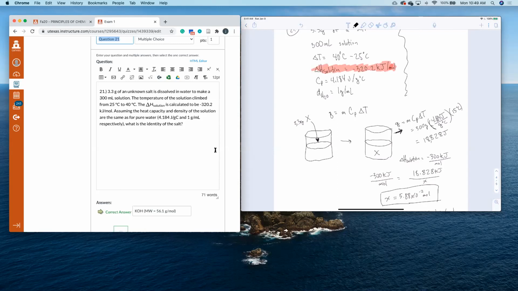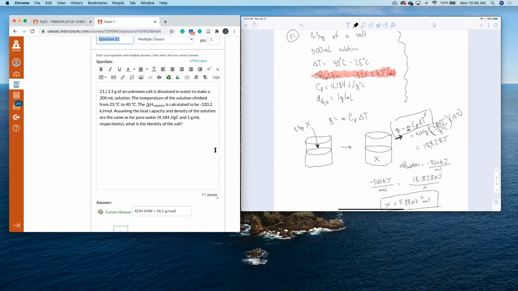So the trick is, using this equation, we know that for some change in temperature for a solution, we can multiply by the heat capacity and the mass of the solution. That was the error I made. I was mistakenly using the mass of the salt. We take the mass of the solution, and we can calculate what Q is.